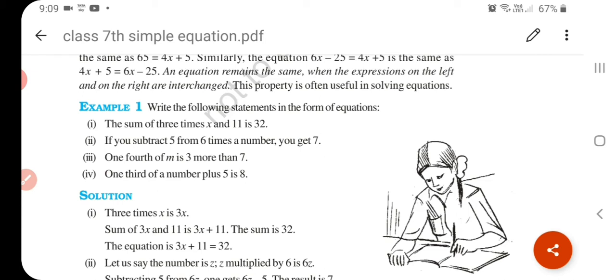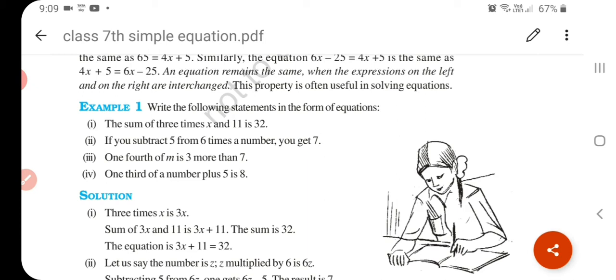If some statement is given, then how do we write the equation? The sum of 3 times x and 11. See here, if there is "times", then you have to multiply. Times means you multiply both the terms. And what do you mean by sum?